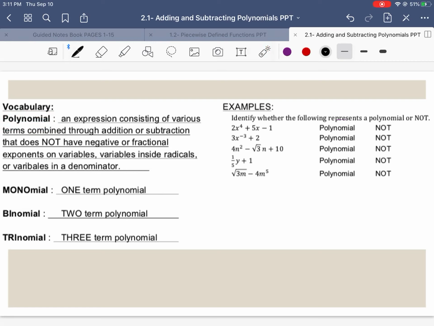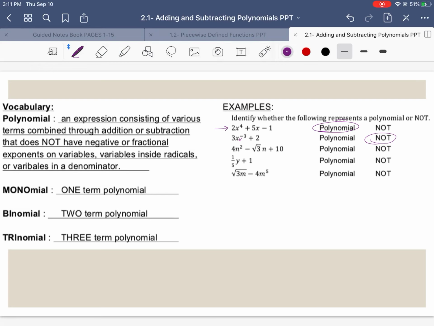So looking off to the side, we could classify if these are polynomials or not by looking for any of those crazy exceptions. If we look at this first one, 2x to the fourth plus 5x minus 1, that would be considered a polynomial. The next one has 3x to the negative third plus 2. This would not be a polynomial because it has a negative exponent on the variable. Okay.